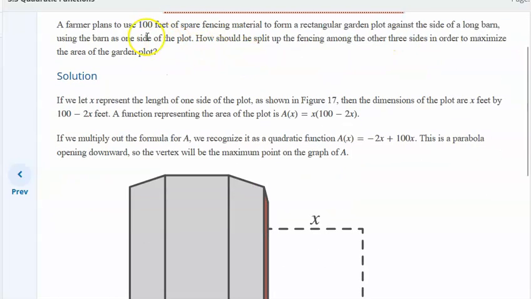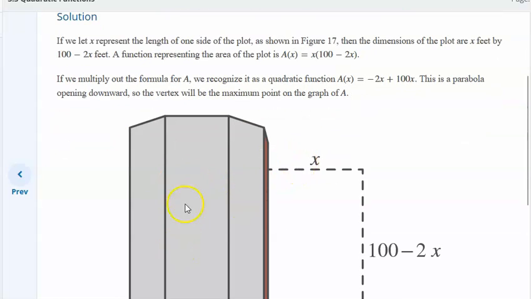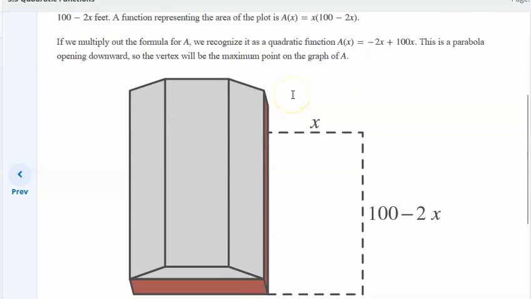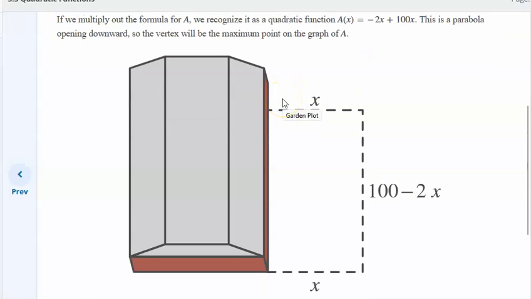Now, a farmer has 100 feet of fencing, and this is a picture of his barn here. And what he'd like to use is this fencing to make an area for gardening of some type, where the side of the barn is one wall or one side, and he's going to do the other sides. So what's going on here? Well, we don't know what the width of this maximum shape would be, so we're going to call it x.